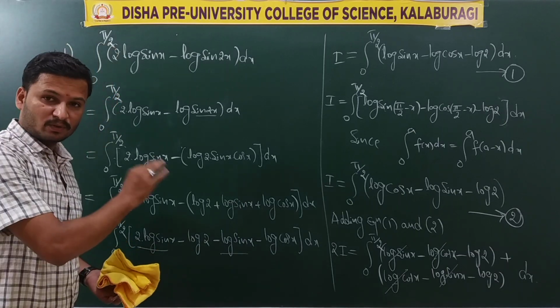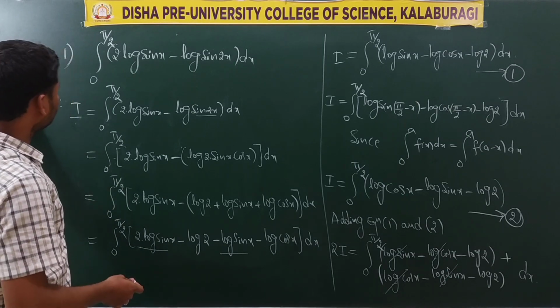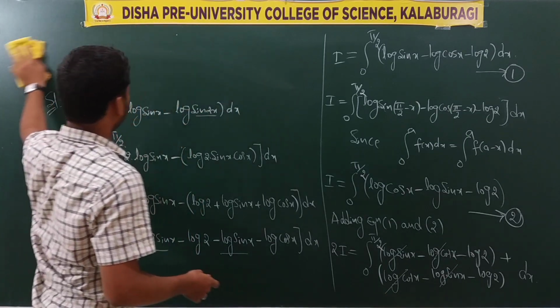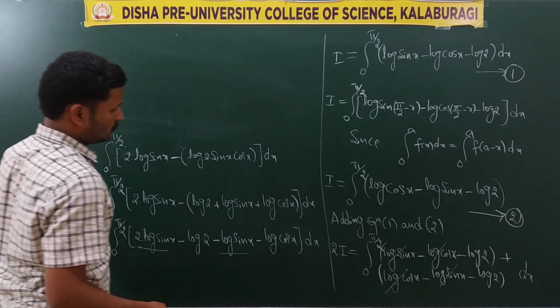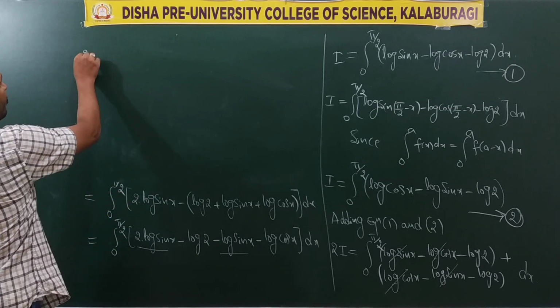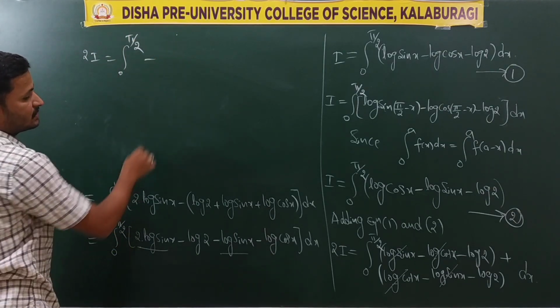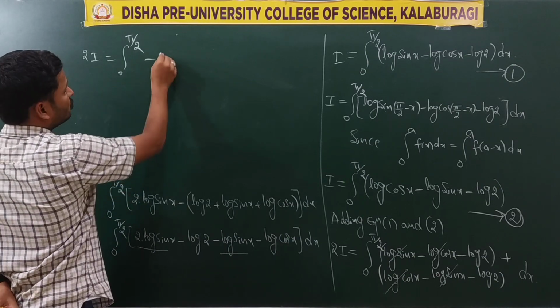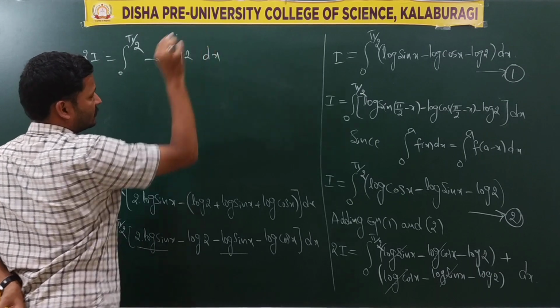Pause and write down first. So the next step is, 2I is equals to integral from 0 to pi by 2 of minus log 2 minus log 2, that is minus 2 log 2 into dx.